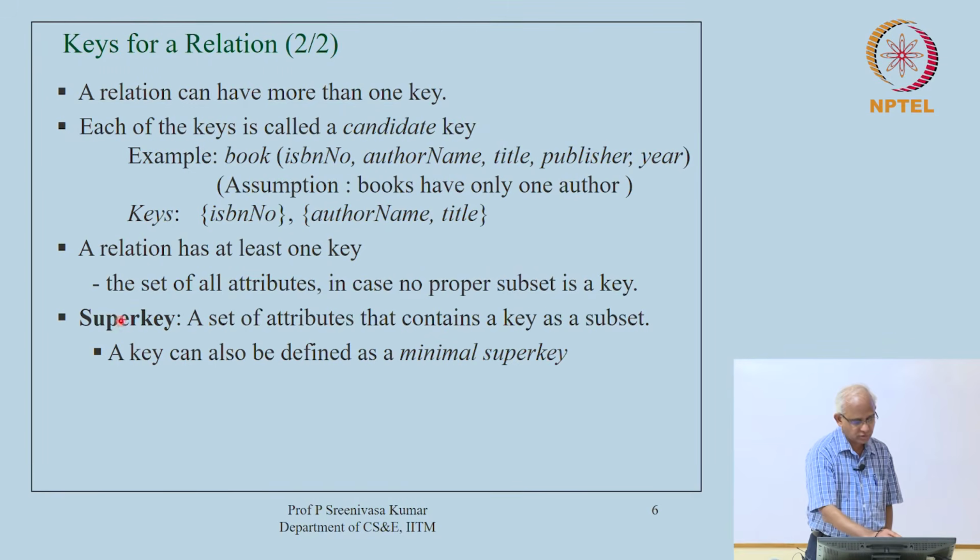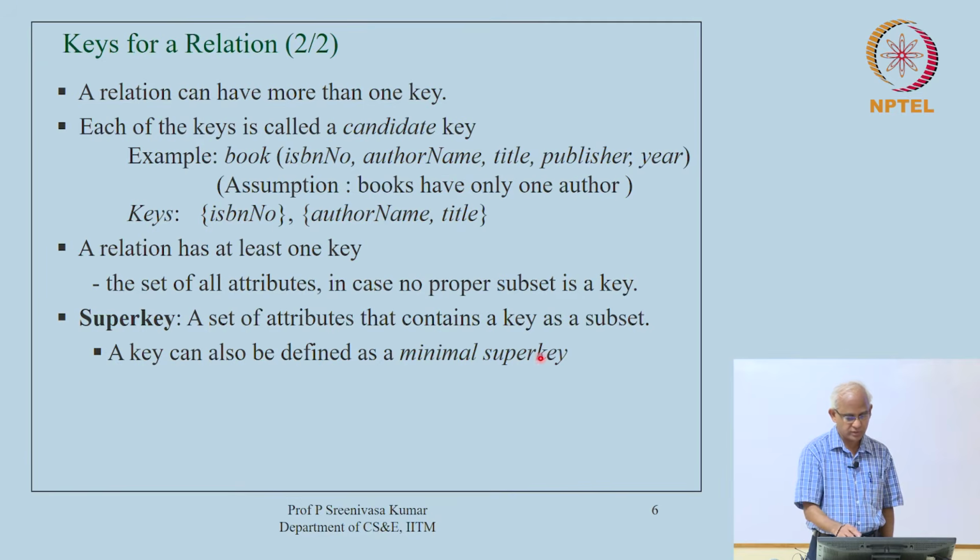So, if we have this notion of the super key, then key can actually be defined in terms of that. Key can be defined as a minimal super key. A super key has the property that its values can be used to uniquely identify the tuple, and we are now adding minimality to it. That means no proper subset has this property.